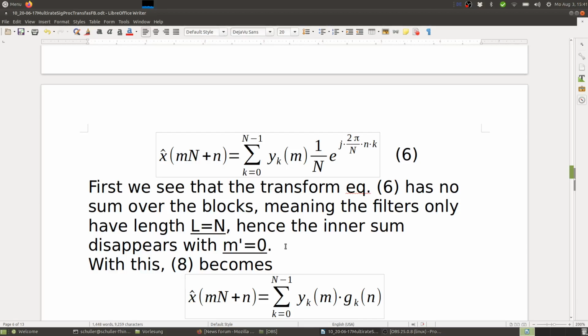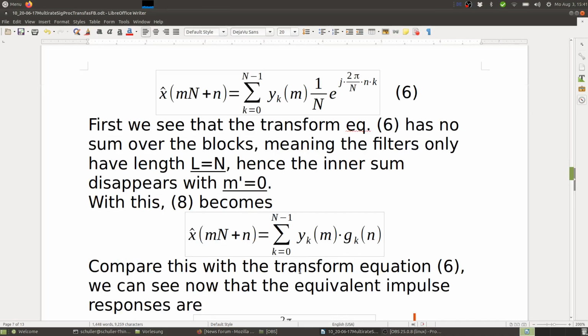So only block index 0 remains for the filter, because it only consists of one block. So with this, our equation 8 becomes this. Right? Then we just have y_k of block index m times our impulse response for subband k.